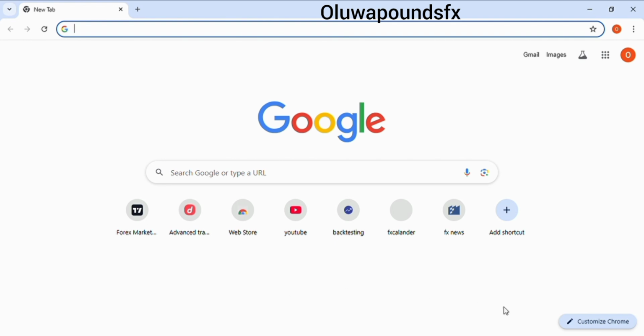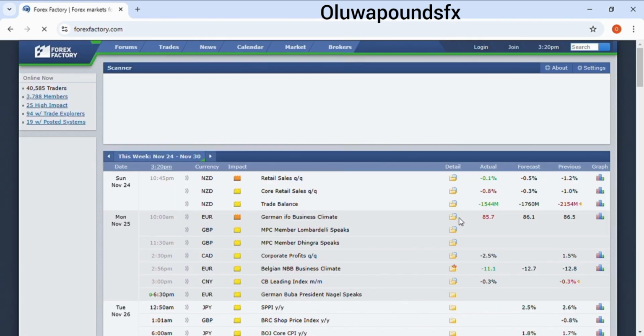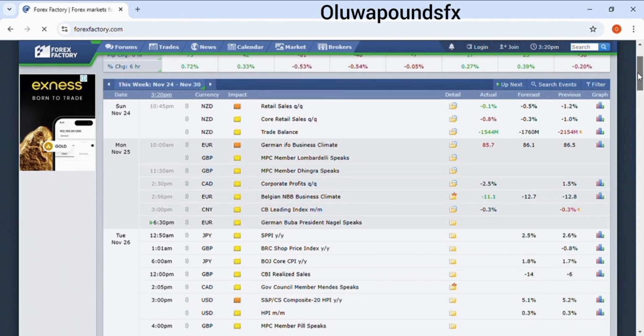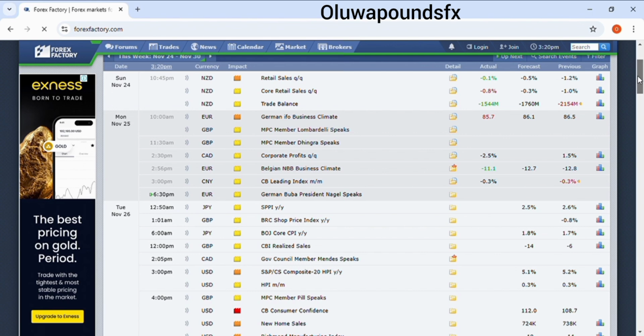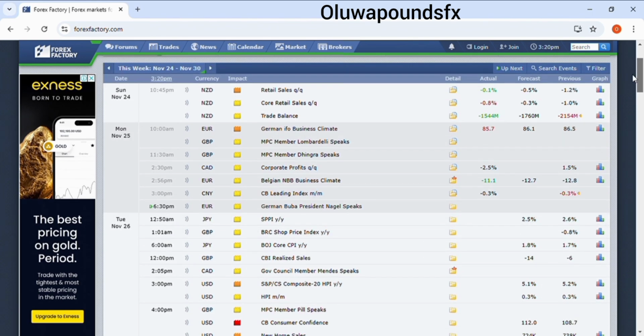Now, the first thing you need to do is to log in to your Forex Factory. Type www.forexfactory.com in your browser, be it you're using a PC, laptop, iPad, iPhone, or Android.